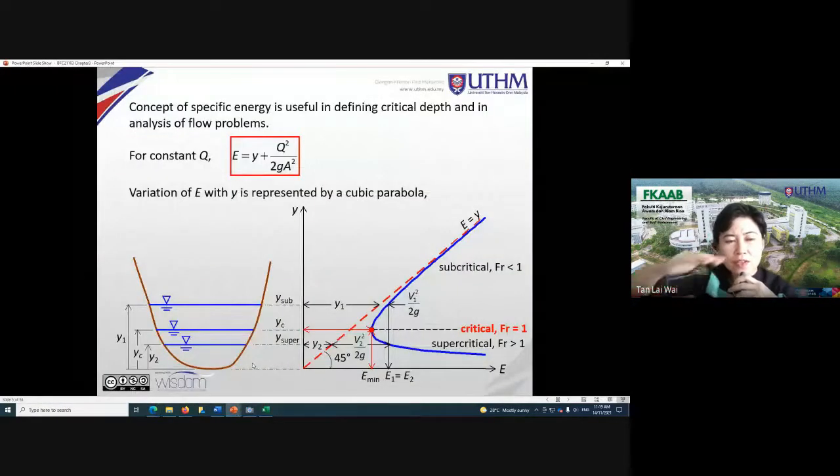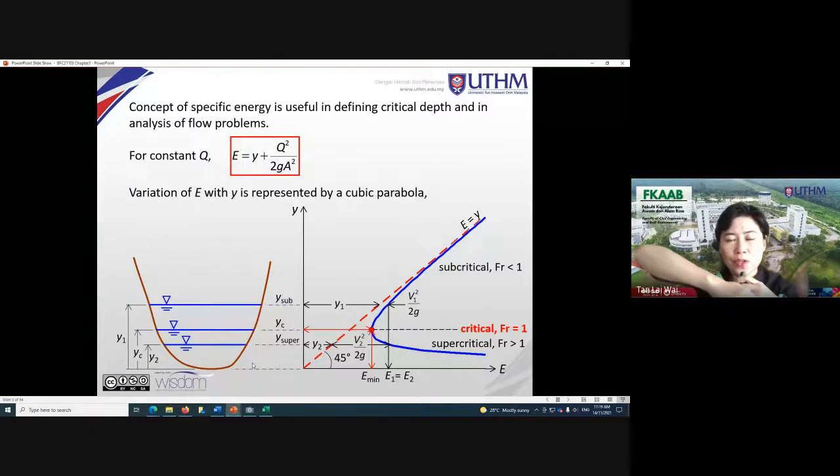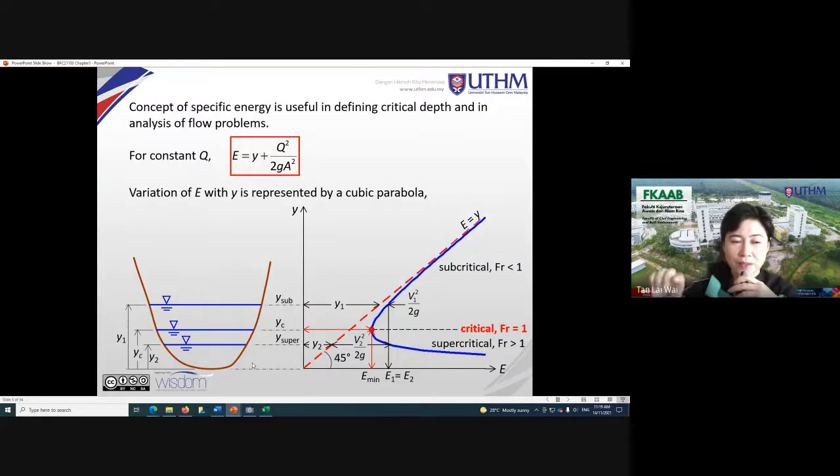For a constant Q, a fixed bed slope or longitudinal slope, if the flow is very fast, let's say it's supercritical, the rate of flow is very high.